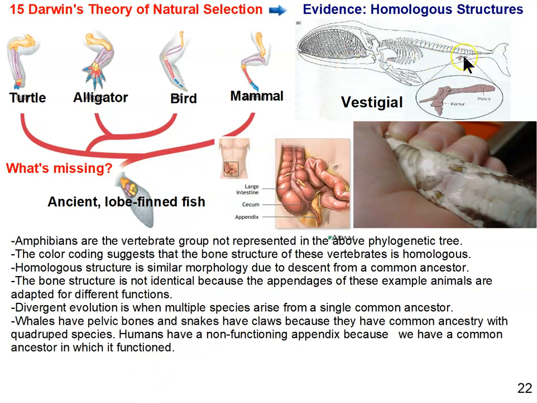If you look at the structure of a whale skeleton, you'll find bones that represent the pelvic girdle. Now, you have a pelvic girdle, a pelvis that your legs attach to. But what the heck is a whale doing with bones that represent the pelvis when they don't have legs? Well, they're leftovers.